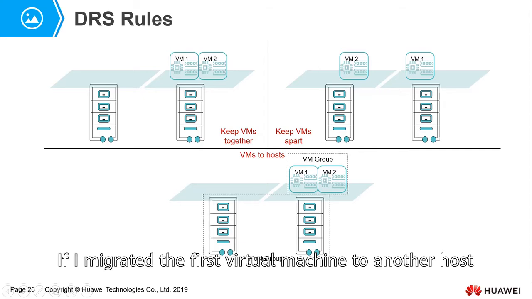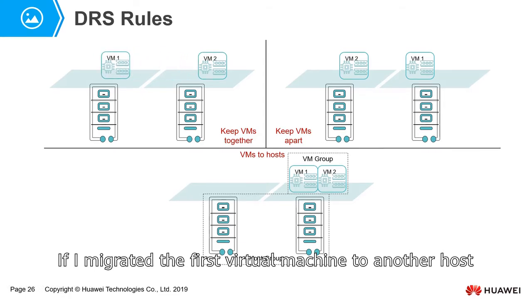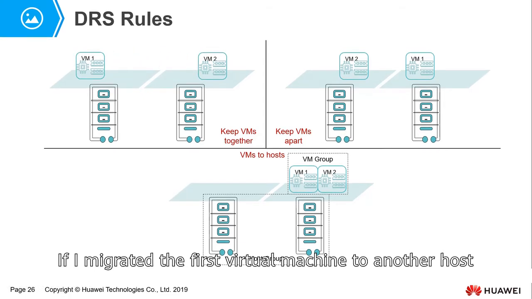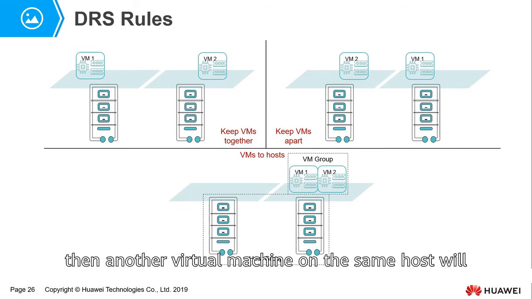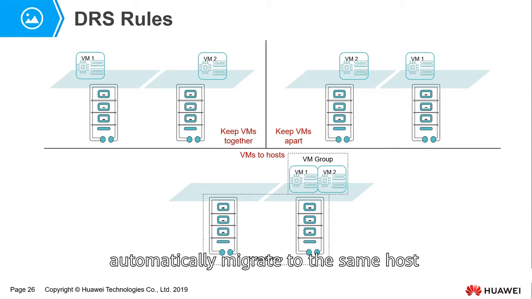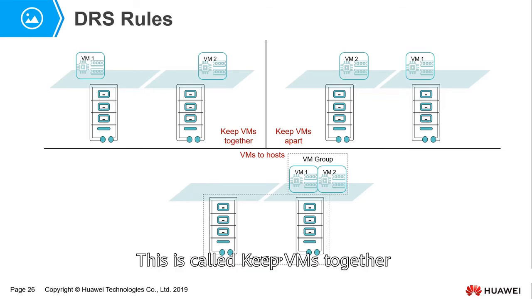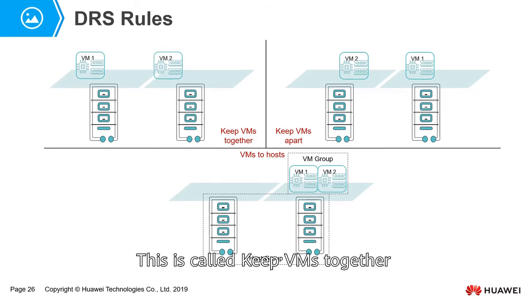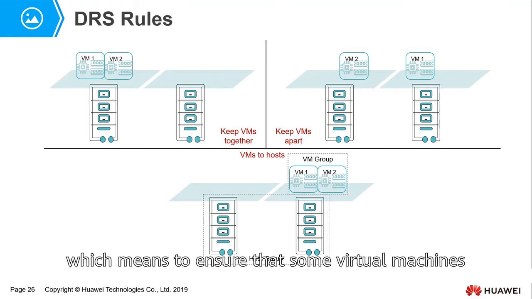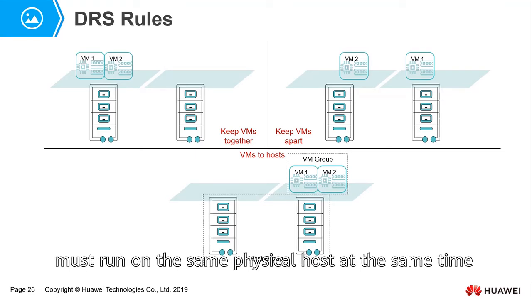If I migrate the first virtual machine to another host, then another virtual machine on the same host will automatically migrate to the same host. This is called keep VMs together, which means to ensure that some virtual machines must run on the same physical host at the same time.